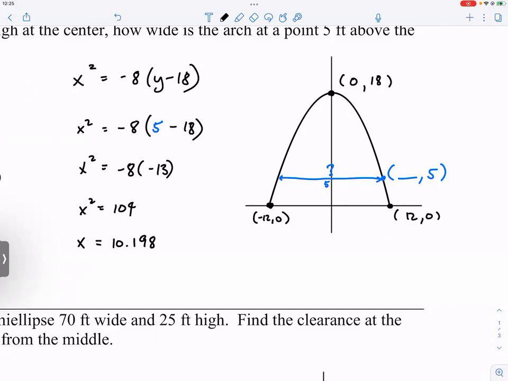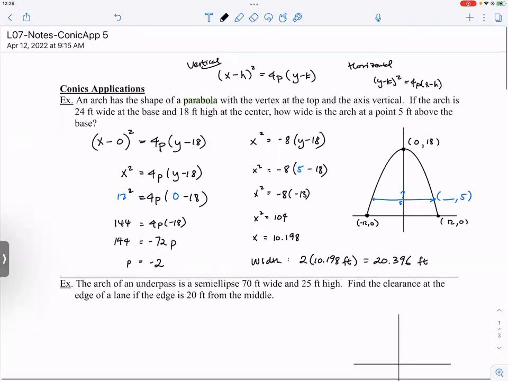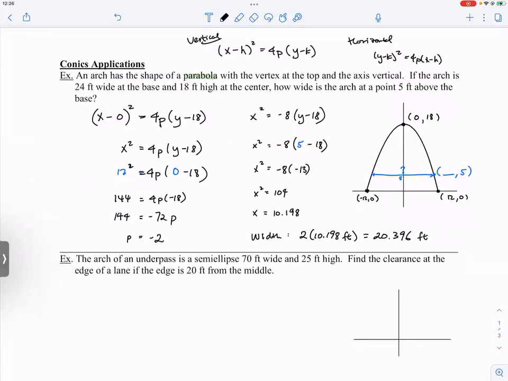The actual width is 2 times 10.198 feet, which gives you 20.396 feet.